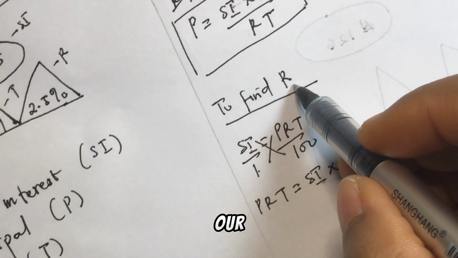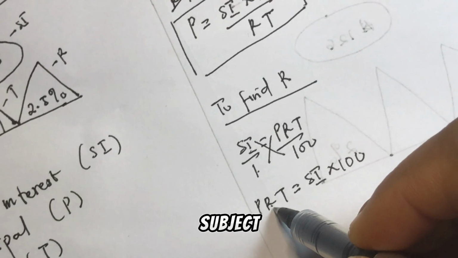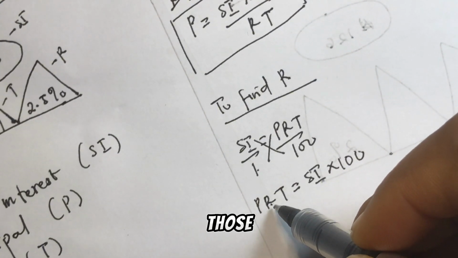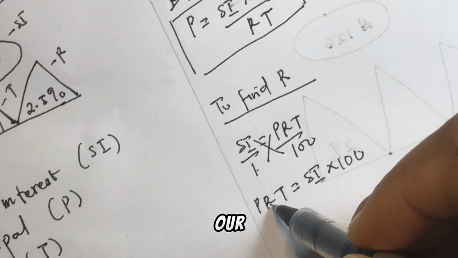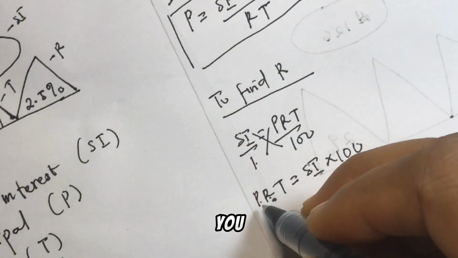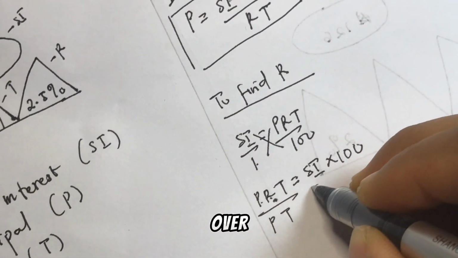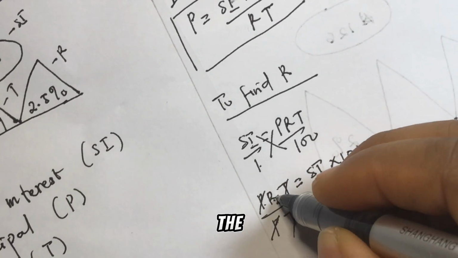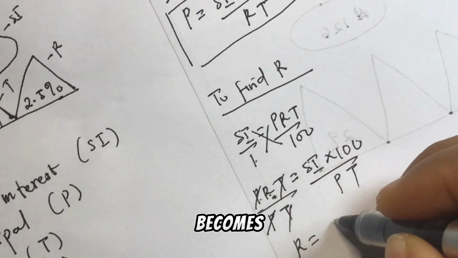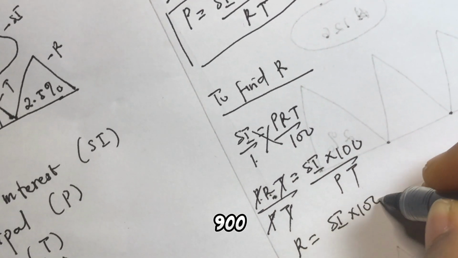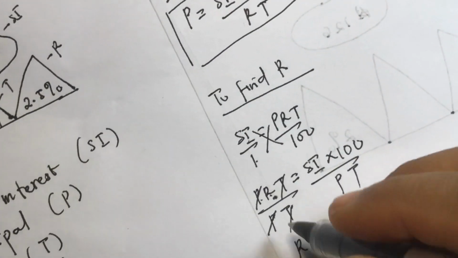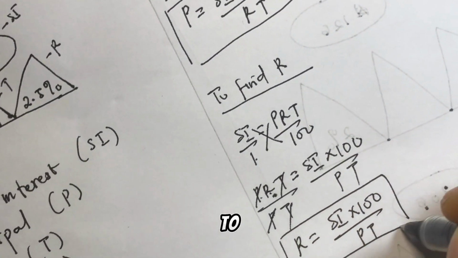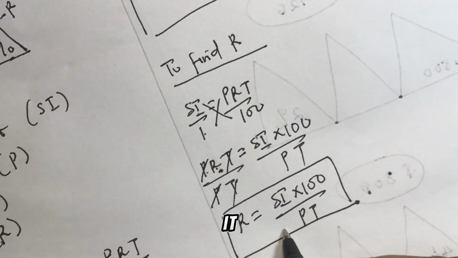I'm looking for R. How do I make R the subject of the formula? What are those variables attached to R? They are PT. So you divide both sides by PT over PT, so that P cancels P, T cancels T, and R is left alone. So my R becomes simple interest times 100 divided by PT. This is the formula to be used when solving for rate.